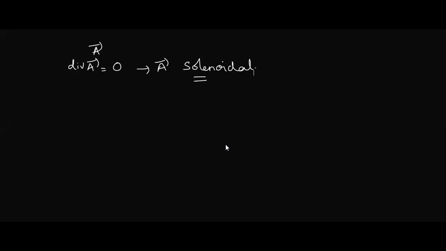Solenoidal. Similarly, what may happen if you apply curl on some vector field A, it may be a 0 vector. That time the vector field is called irrotational.